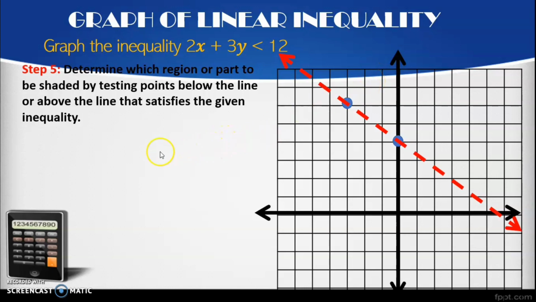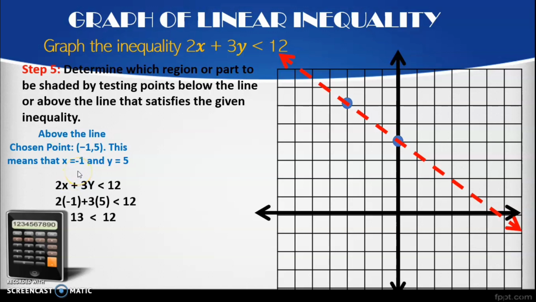Okay, so we will try first above the line. We will try negative 1 ang x and 5 ang y. So we will substitute to our inequality, 2x plus 3y less than 12.